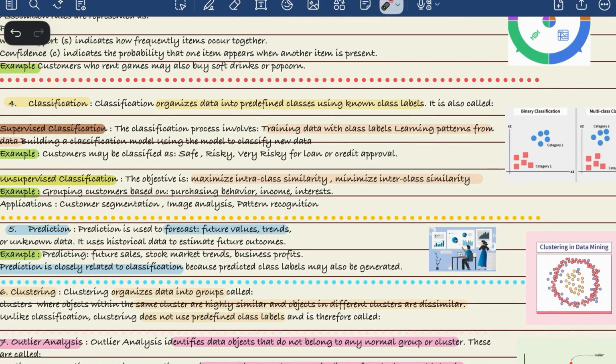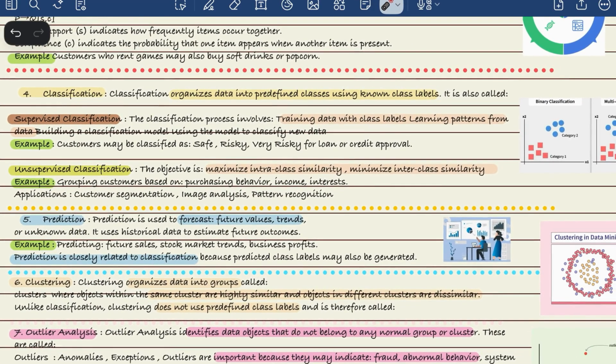Next we have classification. So point number 4, classification. Think of it as a digital sorting. Classification involves training data with class labels. So we already know our data, right? For example, we feed the algorithm historical training data that is already labeled.